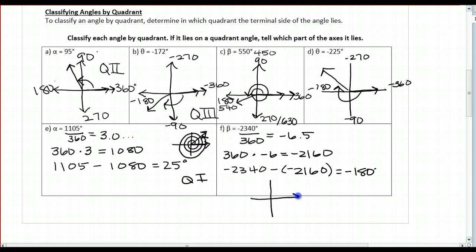Negative 180 means obviously we have a negative angle. We're going to go ahead and start our initial side on the positive x-axis. And then our terminal side is actually going to lie on the negative x-axis as well.